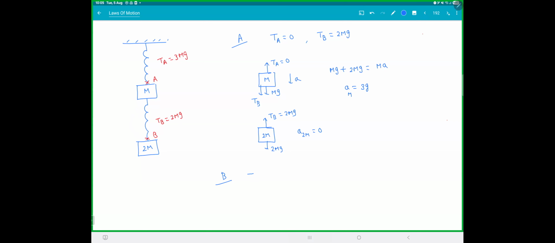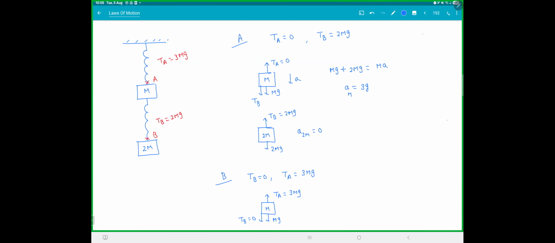Same question when you do it for B. If you're cutting at B, then TB becomes 0. TA will remain the same. Draw the FBD of m. This will be TA, which is 3mg, and your own weight mg. TB has become 0.